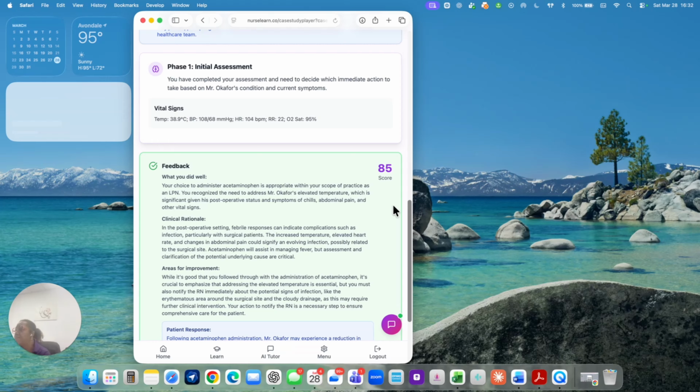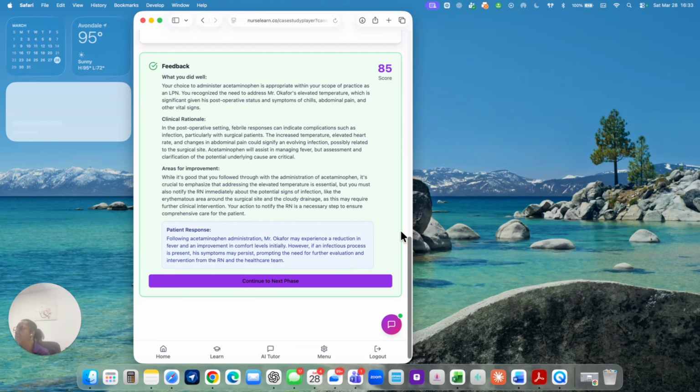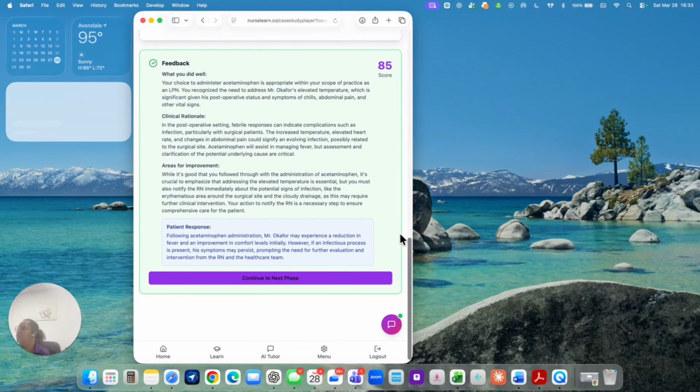Clinical rationale. In this post-op setting, febrile responses can indicate complications such as infection, particularly with surgical patients. The increased temperature, elevated heart rate, and changes in abdominal pain could signify an evolving infection, possibly related to the surgical site. Acetaminophen will assist in managing fever, but assessment and clarification of the underlying cause are critical. Areas of improvement.